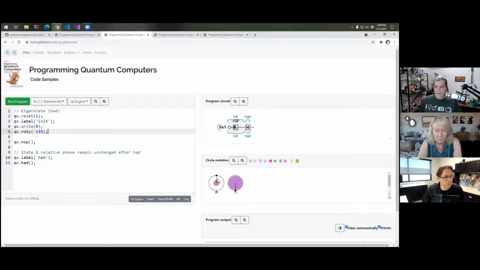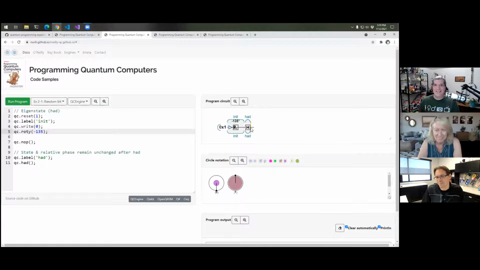So we still have this 14%, 85 point something percent, but the phases are opposite. So the relative phase is 180 degrees. Now, the interesting thing here is when we apply the had, the percentages stay the same. So the amplitude is still the same. The relative phase is also still the same, but the global phase has changed.